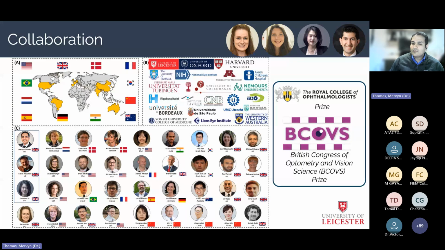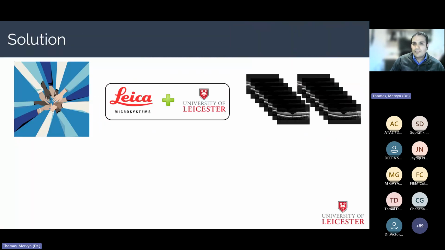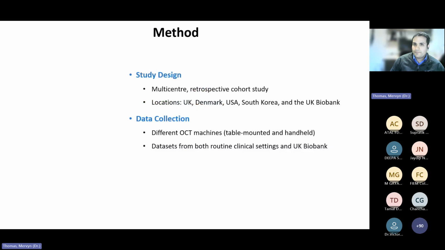In the process, we also identified a number of different genes that impact sight disorder, and this was a press release as a result of that. We then partnered with Leica Microsystems, who manufacture this handheld machine, so that we could access this proprietary data to build AI systems for analysis. That was the whole idea behind this project.